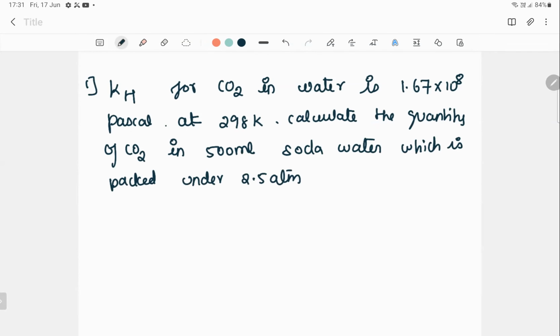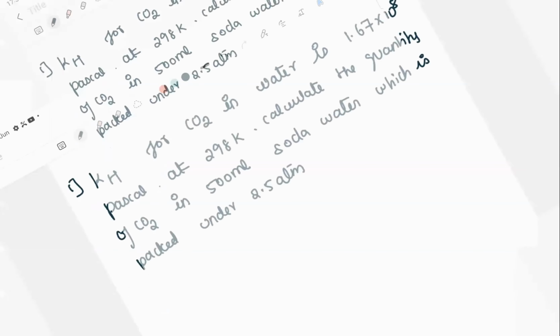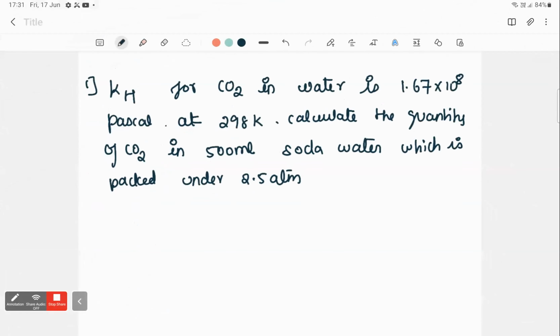Okay, look at the question. One unit of pressure is Pascal, another unit of pressure is atmosphere. So convert this atmosphere into Pascal. What will you do? 1 atmosphere is 1.013 into 10 to the power 5 Pascal.